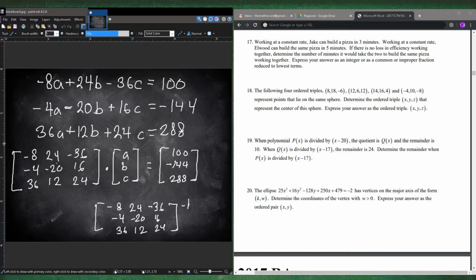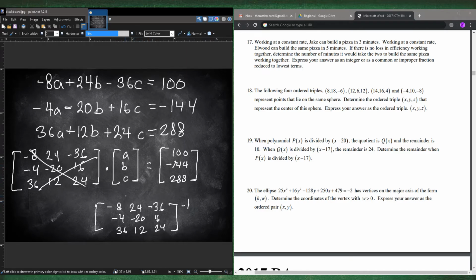So the inverse multiplied by this side would just cancel out, because if you multiply the inverse of a matrix by that matrix, you're going to get 1. Okay, sorry about that. So this side would just be A, B, and C.